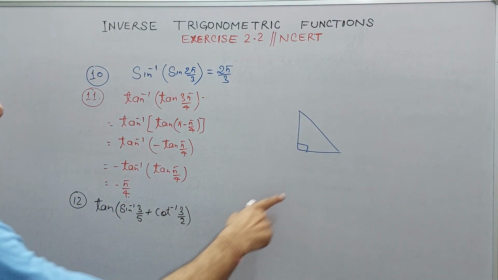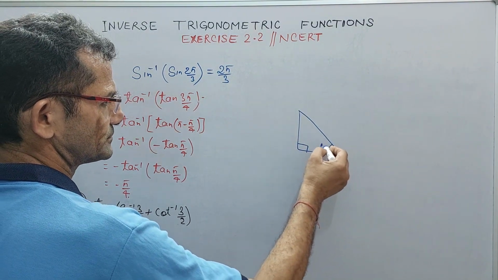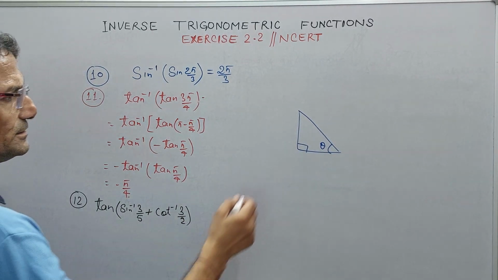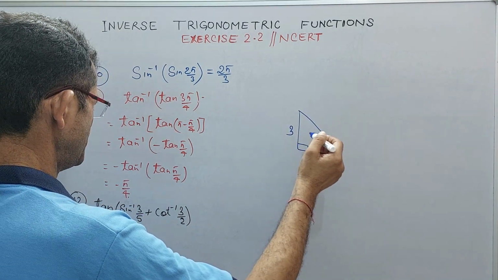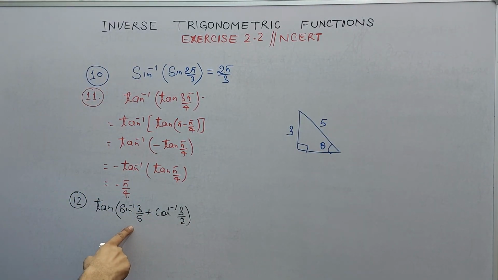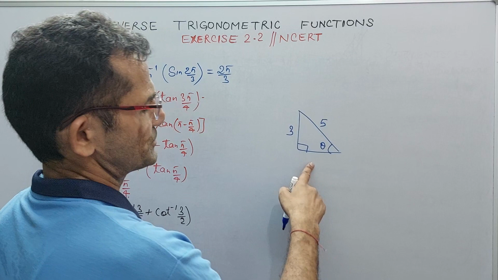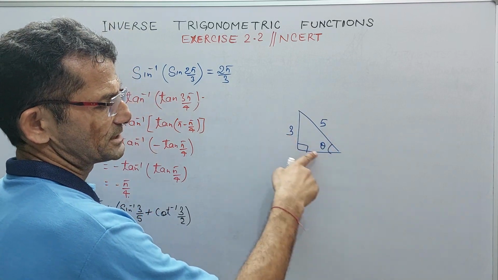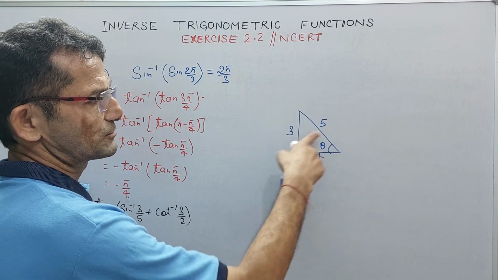In a right triangle, we know that if this is angle theta, sine theta will be p by hypotenuse, perpendicular upon hypotenuse. Now from the Pythagorean theorem we can find this one: square of 4 plus square of 3 is equal to square of 5.